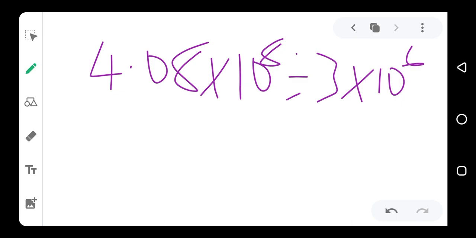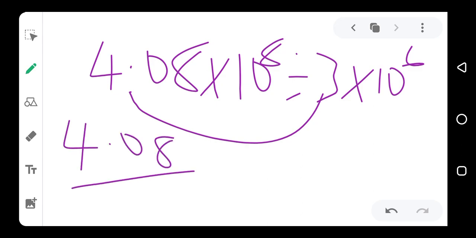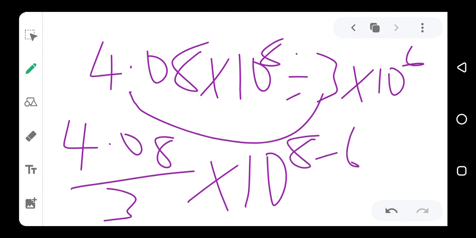Now we say 4.08 divided by 3, then times, we take one of the 10s, 10 raised to power 8 minus 6.